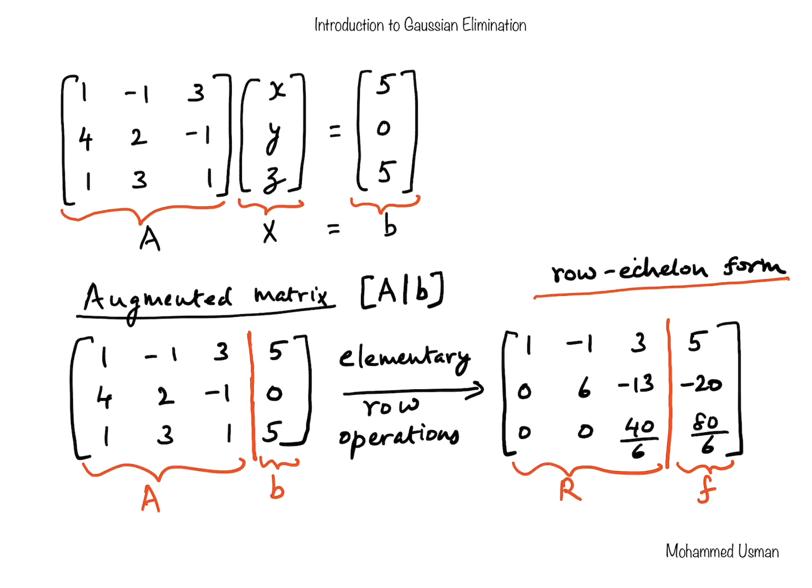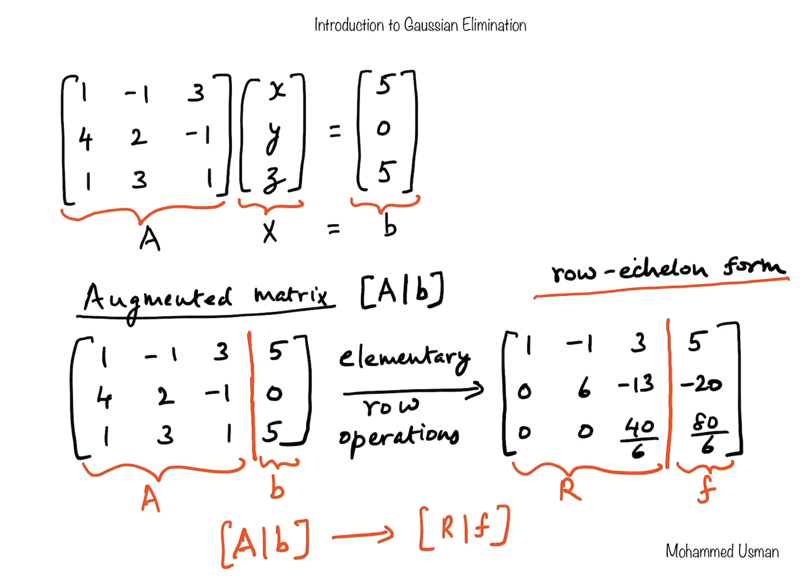It's the concatenation of the reduced coefficient matrix R, and another vector where the B vector has changed to the F vector now. So basically the elementary row operations transform the augmented matrix AB to another matrix RF.